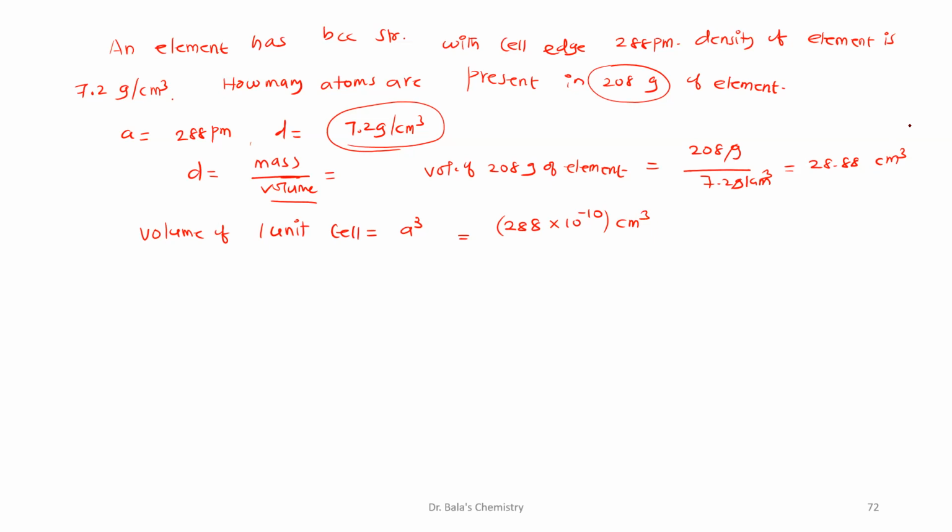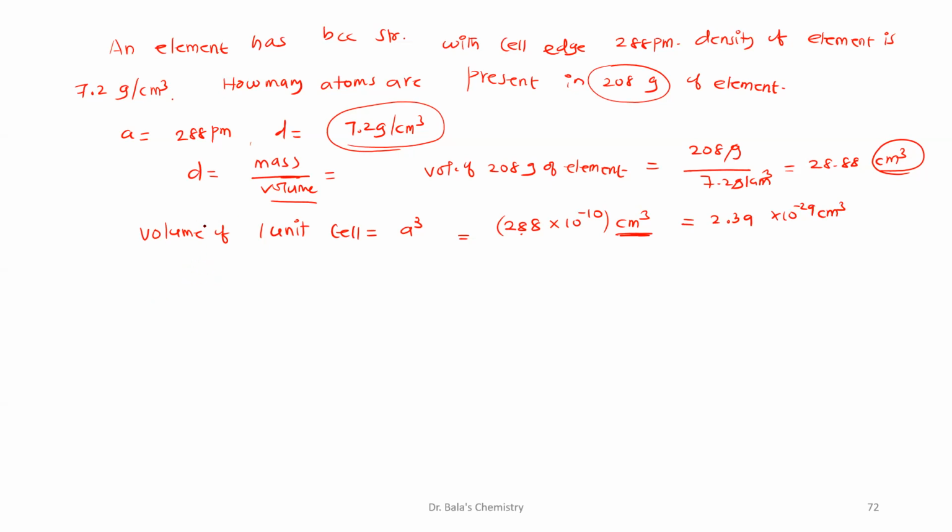Because the volume is given in centimeter cube, so we have to convert this. Picometer is 10 power minus 12, so that's why we have 10 power minus 10. Solve this, you will get 2.39 into 10 power minus 29 centimeter cube.